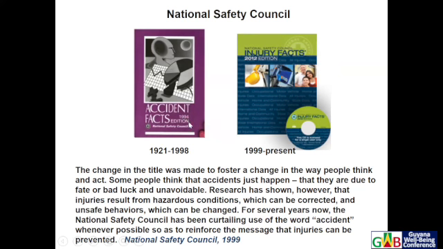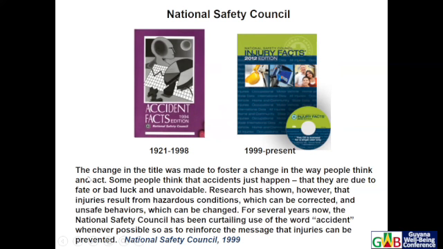Every year there is a book documenting in excruciating detail the accidents in the United States. They started in 1921, and until 1998 the annual report book was called Accident Facts. Then in 1999 and on, the title of this publication has changed to Injury Facts.